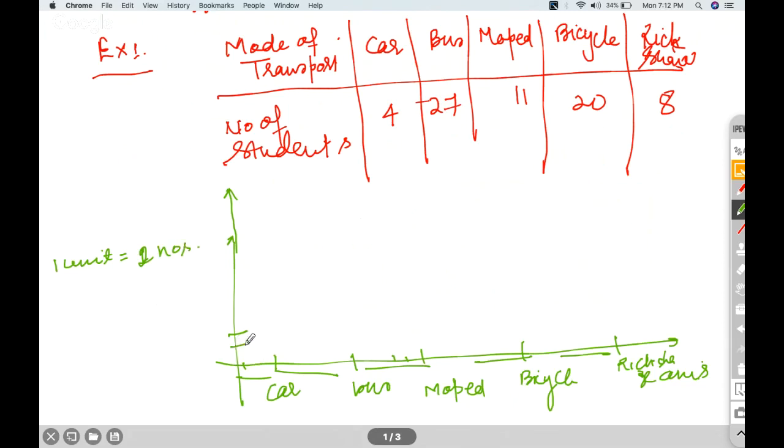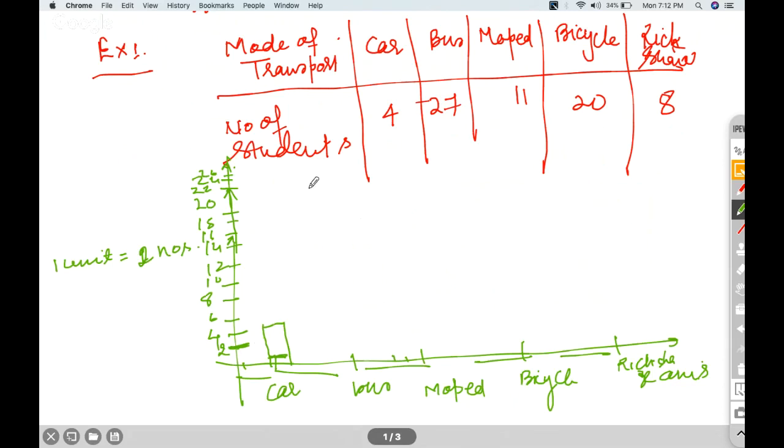So the unit is two numbers, so this becomes 2, then 4, then 6, 8, 10, 12, 14, 16, 18, 20, 22, 24, 26. This is nearly 27. So car, I have to make like this. Make sure this width is of equal length, 0.5 centimeter, 1 centimeter nearly.